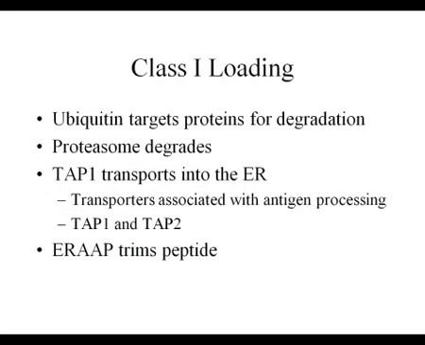So how does all this happen? Well, let's start with class 1 loading. I'm going to go over each of these twice because there's lots of detail to remember. For class 1 loading, the first step is that proteins that are in the cytosol will get ubiquitinated. Ubiquitin binds to them. When this happens, it means it's targeted for degradation.